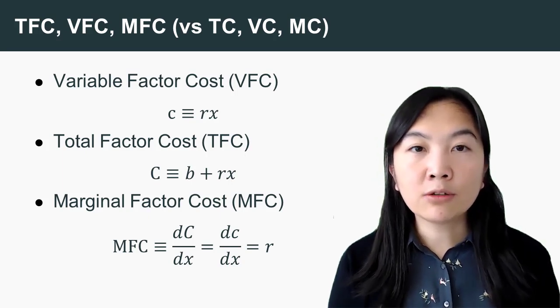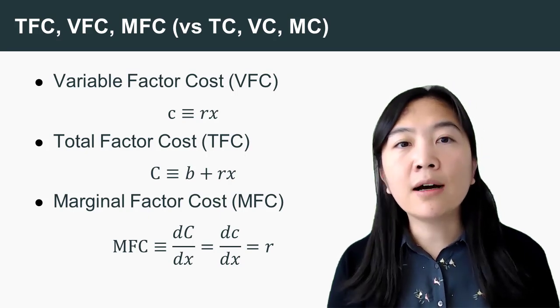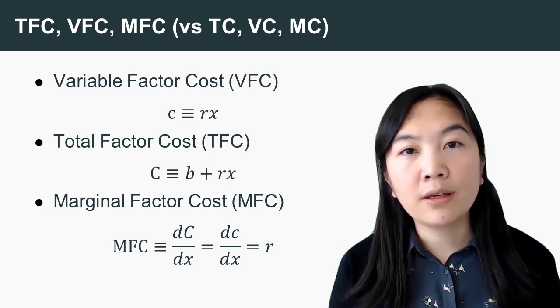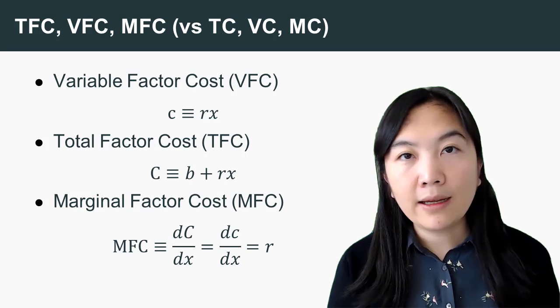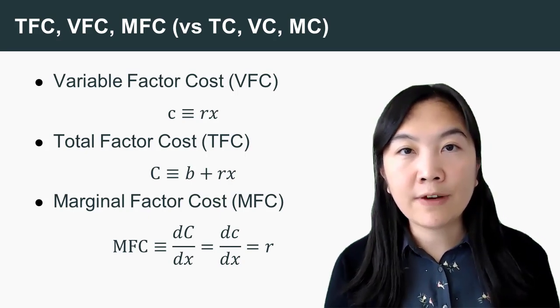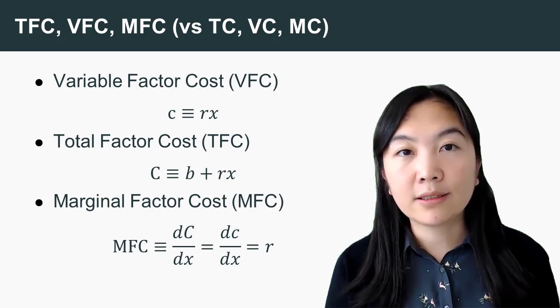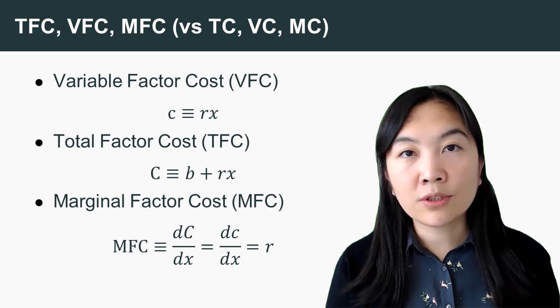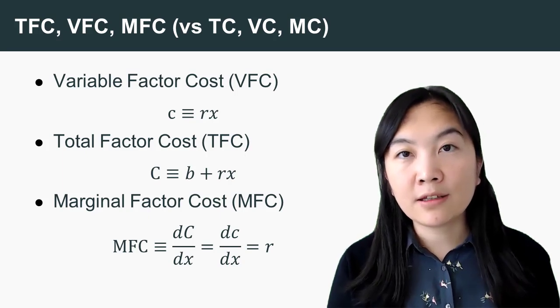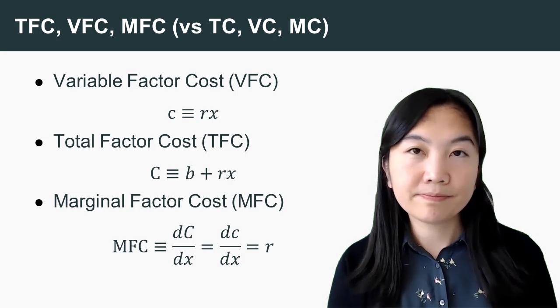For total factor cost, we use capital C, and for variable factor cost, we use small c. And you know that in the long run all inputs are variable, so there are no fixed costs, and C equals Rx. In the long run, that will also be the total factor cost.